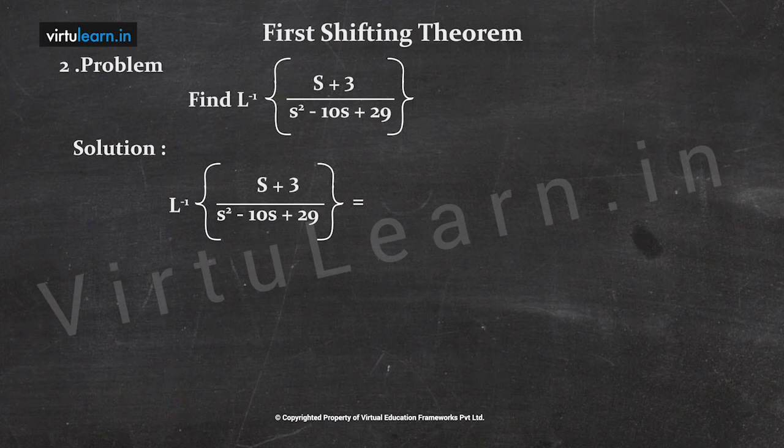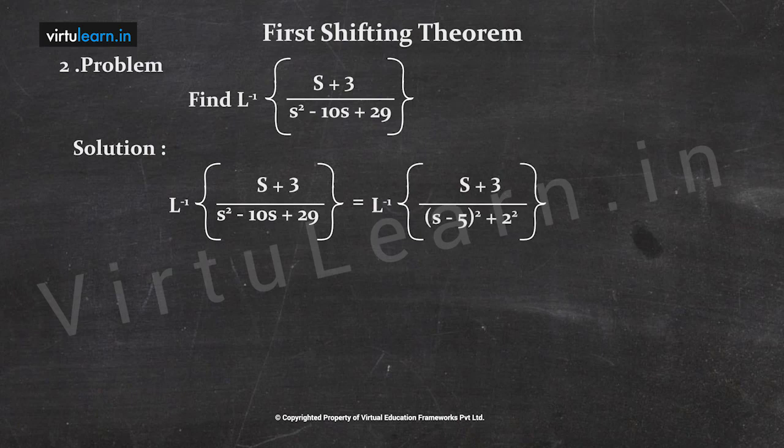This can be written as (s minus 5) whole square. (s minus 5) whole square means s square minus 10s plus 25, but the constant 29 is there. Then how much do I have to add? 4. That 4 can be written as 2 square.